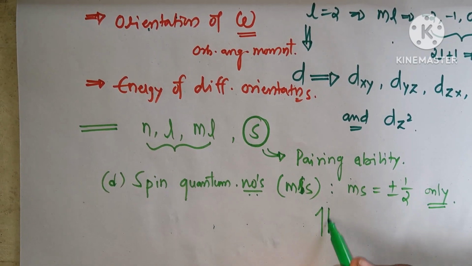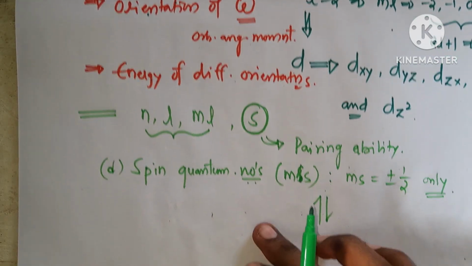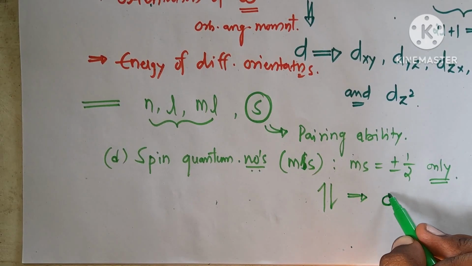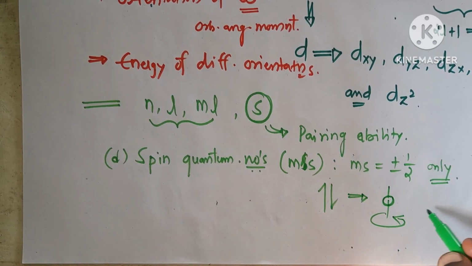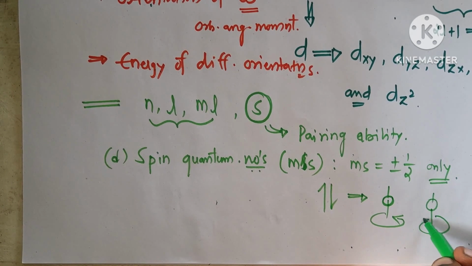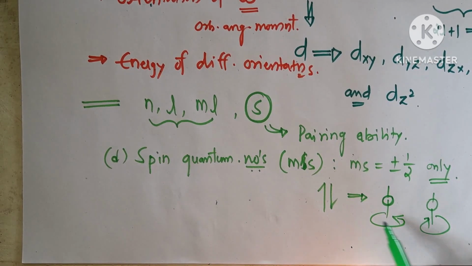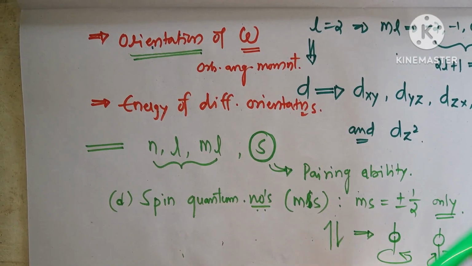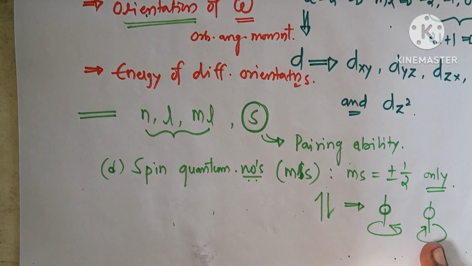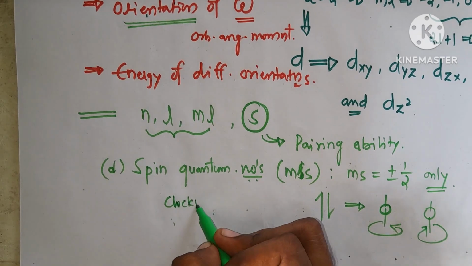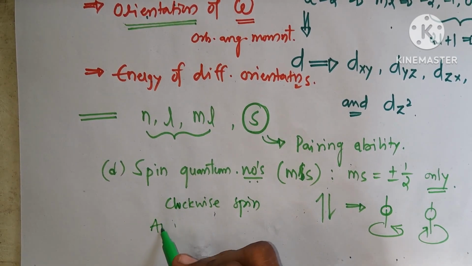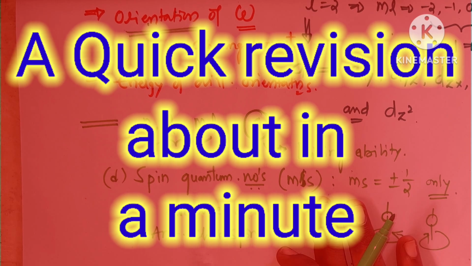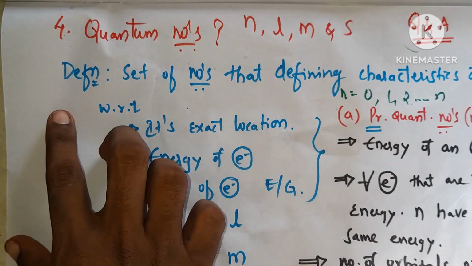That is upward arrow or downward arrow notation. This upward or downward arrow denotes the axis of rotation of that electron, that is clockwise or anti-clockwise, because the electron has only two possibilities: clockwise spin or anti-clockwise spin.